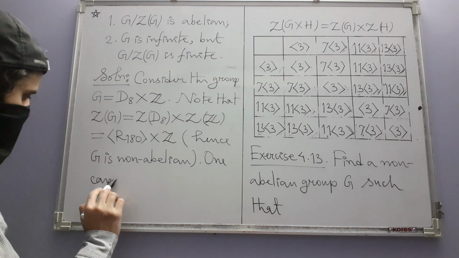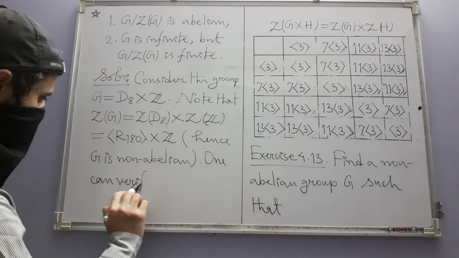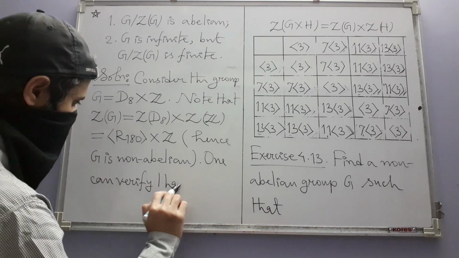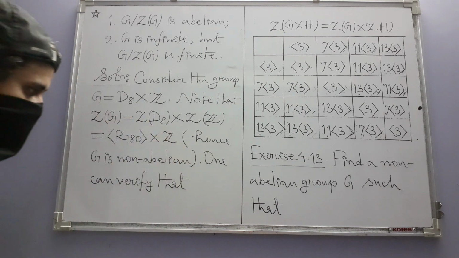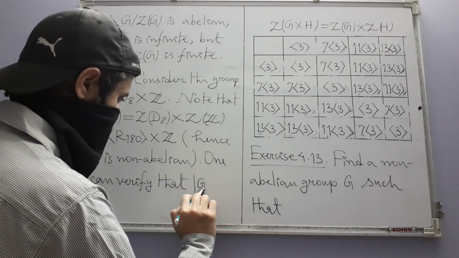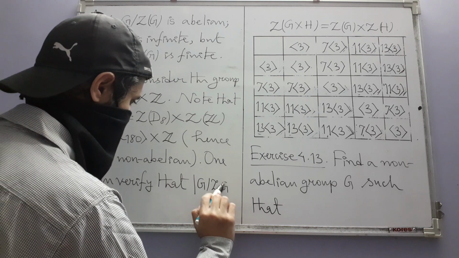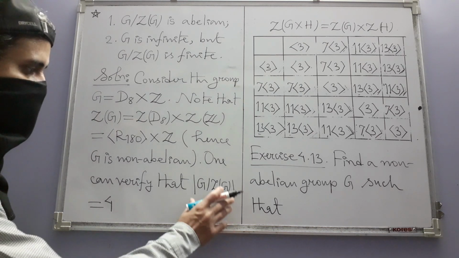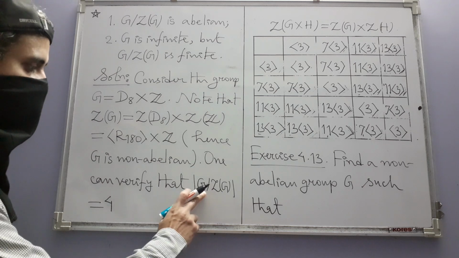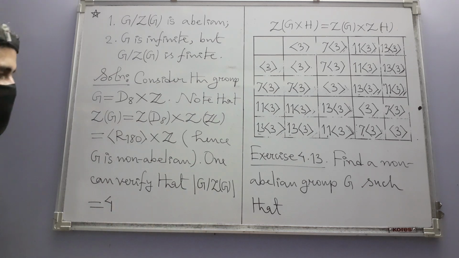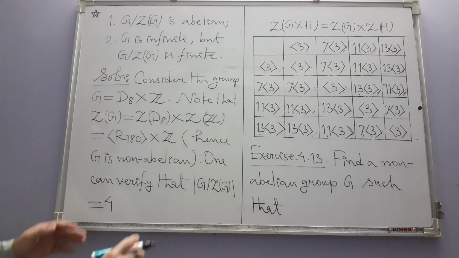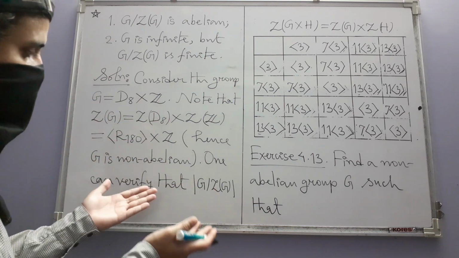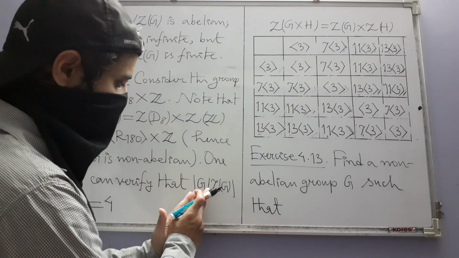One can verify that the order of this group is 4. This I leave to you to understand why this is 4. So what is it that you have to figure out here?